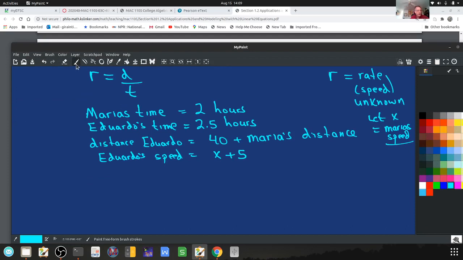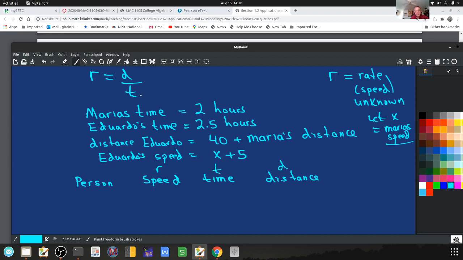So here's what I'm going to suggest that we do. We're going to make a table with the person, speed, time, and distance. Because our guiding equation, speed is r, time is t, and d is distance.